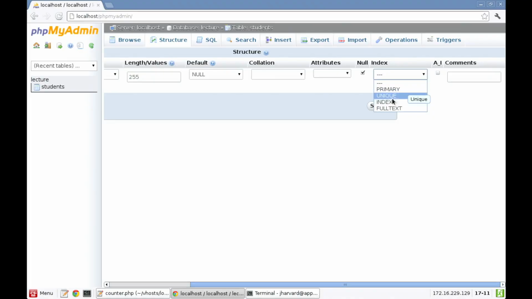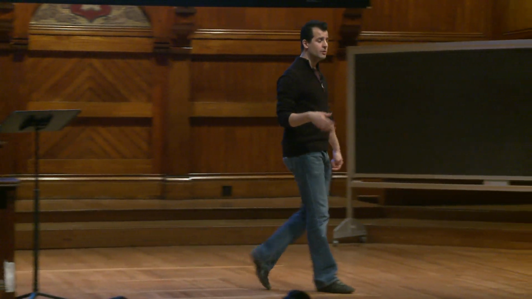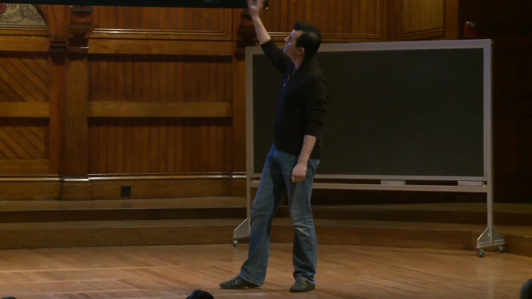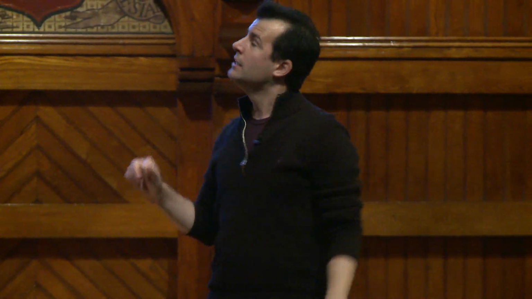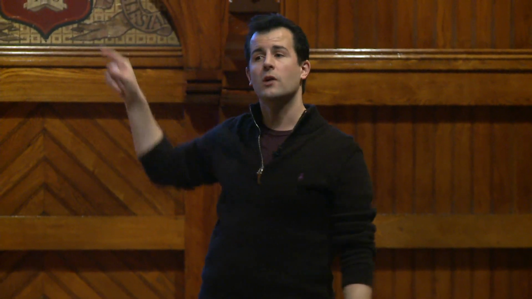But this one's quite helpful, index. If you know in advance for your final project, for PSET7 or in general, that this field house is going to be something you search on a lot using the select keyword or something else, then you can preemptively tell the database to work its magic and make sure that it creates in memory any fancy data structures necessary to expedite searches based on house.